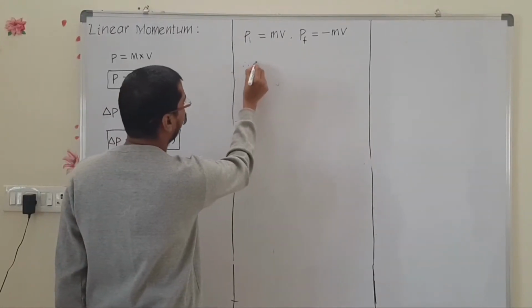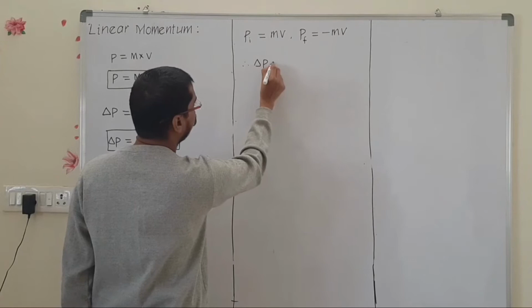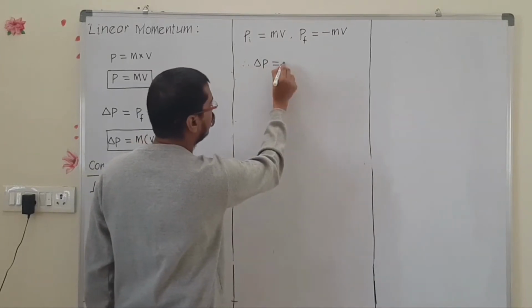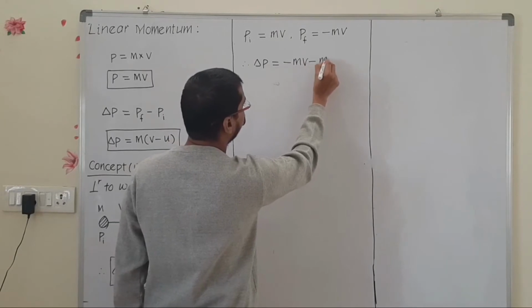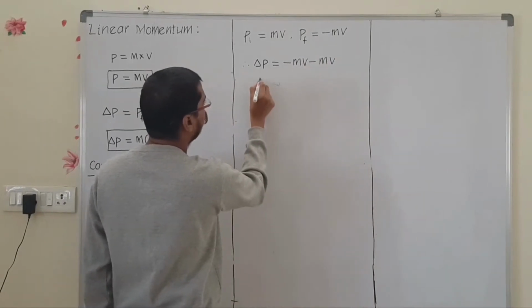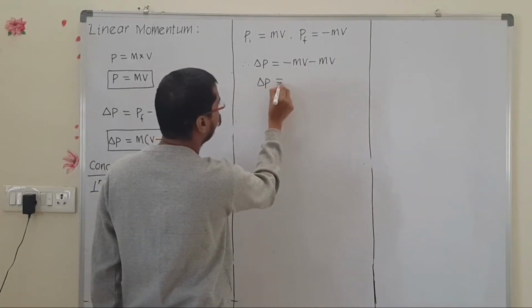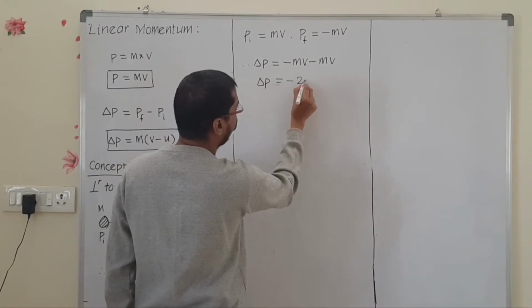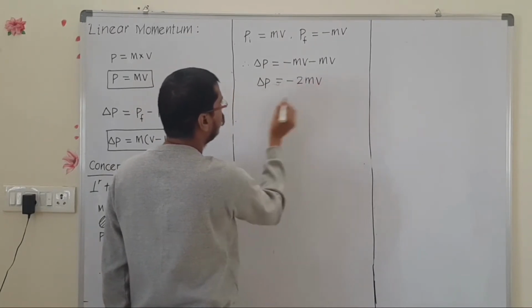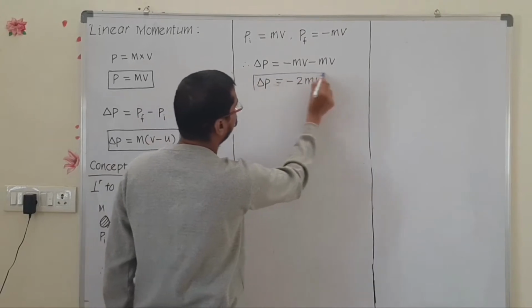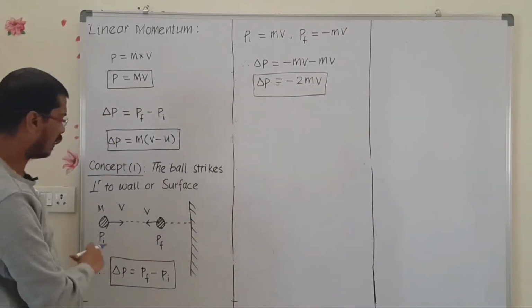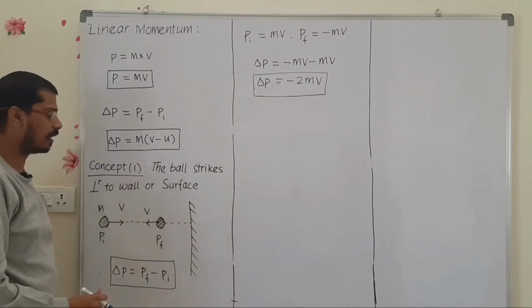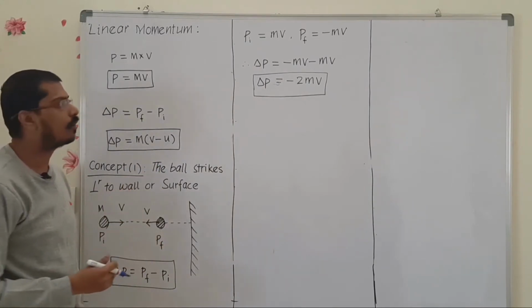Now we substitute: delta P equals minus mv minus mv. So delta P is equal to minus 2 times mass into velocity. This is the formula to find the change in momentum whenever the object strikes perpendicular to the surface or wall.